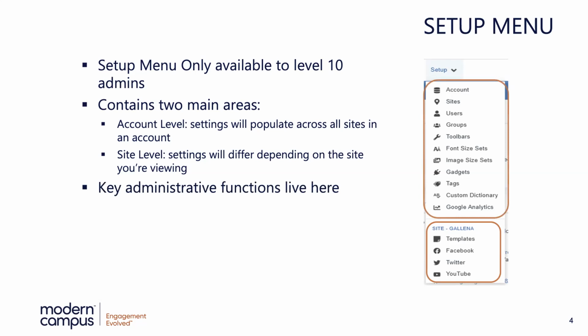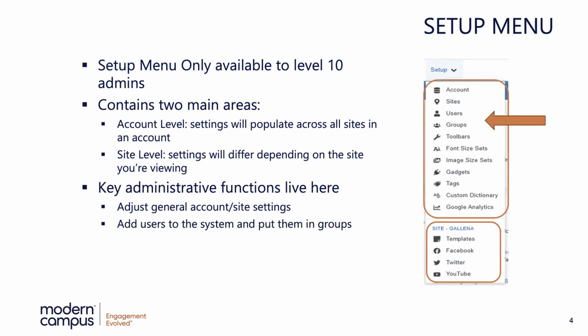So key administrative functions are going to live all throughout this. Our general account and site settings, that's where we're going to spend the first half of our time today. And then also how to add users and groups. We've spent a little bit of time going into users to get you guys all set up. We're going to talk about creating new users and the process of getting them all set up on your instance.